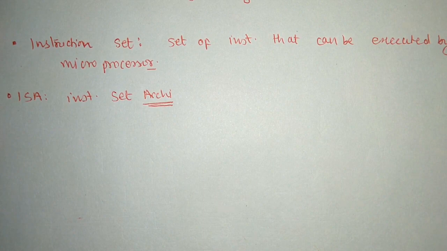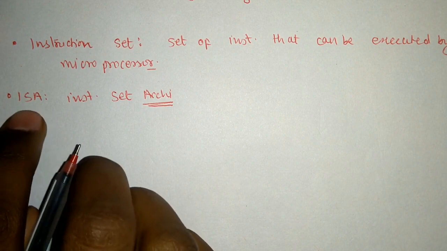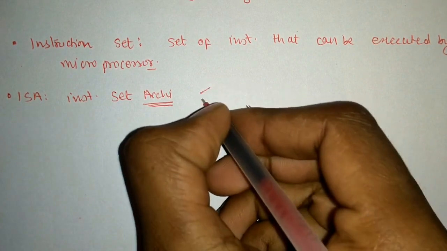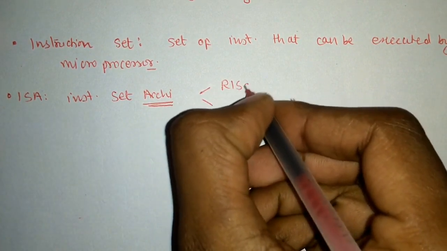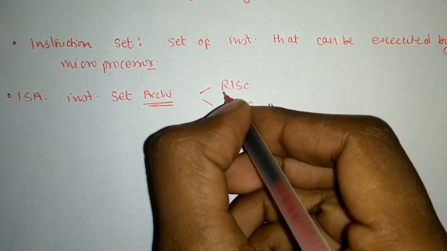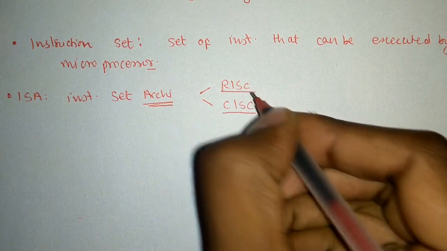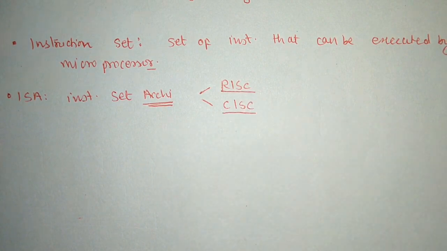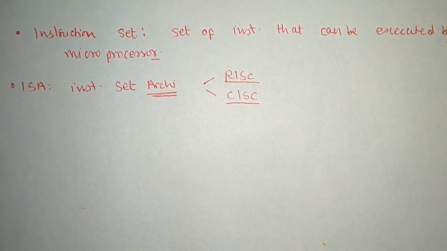We are not going to get into the detail of ISA, but I have already told you that it is of two types: RISC and CISC, reduced instruction set computer and complex instruction set computer. We have both of them everywhere, in microprocessors and microcontrollers. It's not that they are exclusive to either one. We will see a few important properties of them in the end, but other than that we don't need to worry about RISC and CISC.